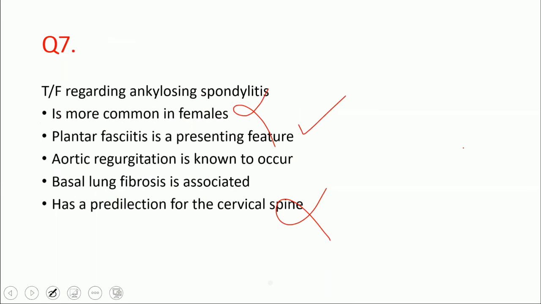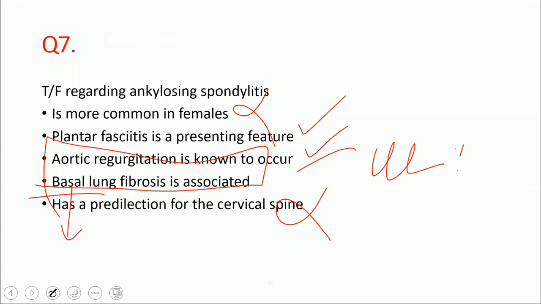The cardiac involvement is commonly aortic regurgitation, and the lung involvement is apical lung fibrosis, not basal. This mainly causes upper lobe fibrosis. So be careful with MCQs like that. Right? Not basal, apical is predominant. So there are some extra-articular manifestations of the disease. Any questions about this one?